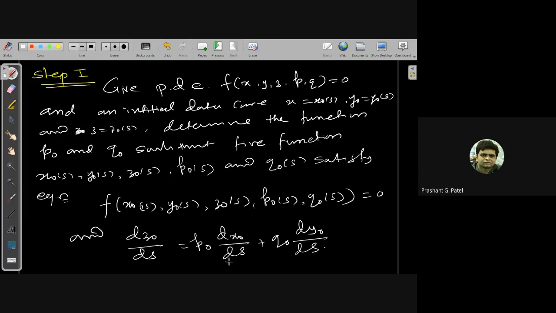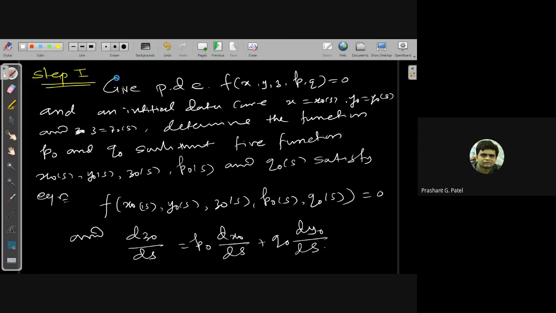So there could be several choices of p0 and q0. One may expect to find a unique solution for each choice. So if you choose one, then a unique solution exists. But different values of p0 and q0 are possible.